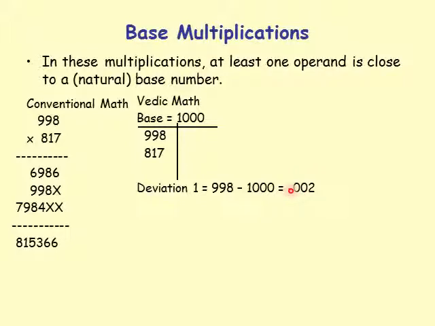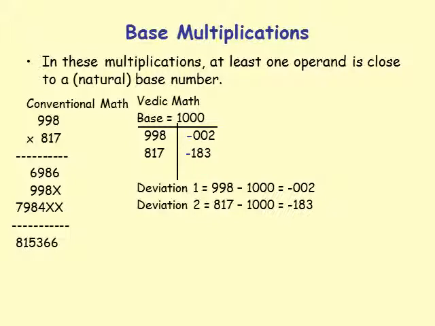The negative sign is used for the operation here, to subtract. 002 has three digits, since 1000 has three zeros to the right, and we try to keep it to three digits in the deviations. The next deviation I compute from 817: 817 minus 1000, next number minus base, is minus 183. So we get minus 183 here.